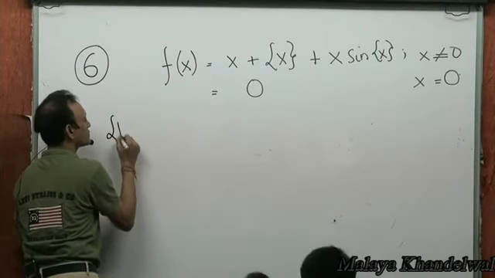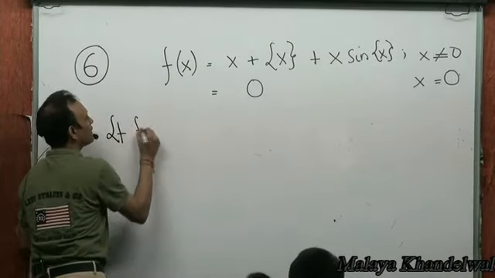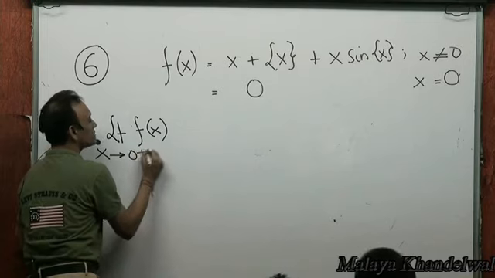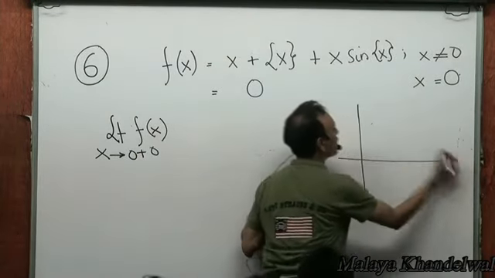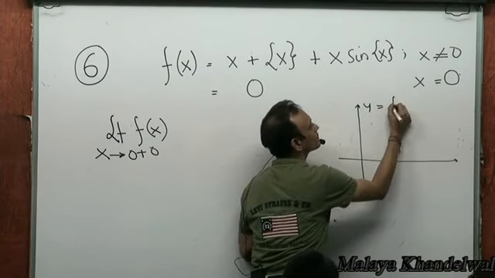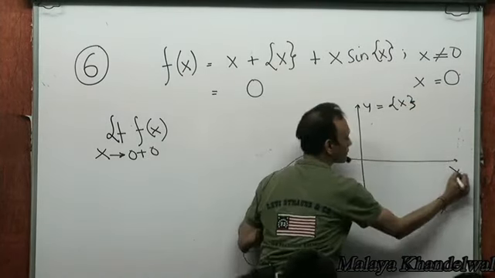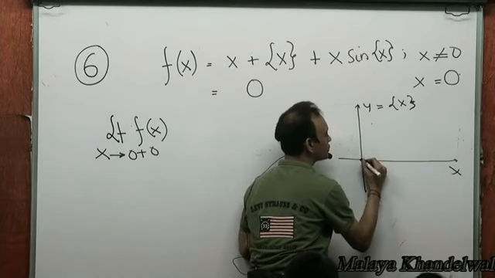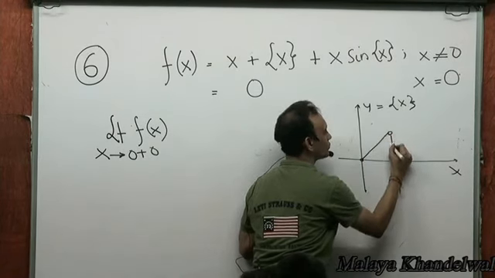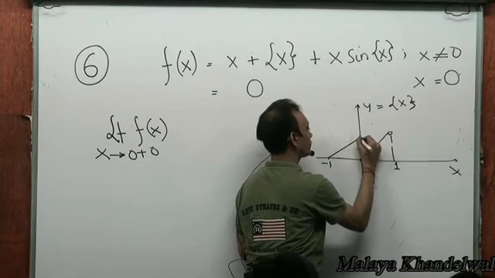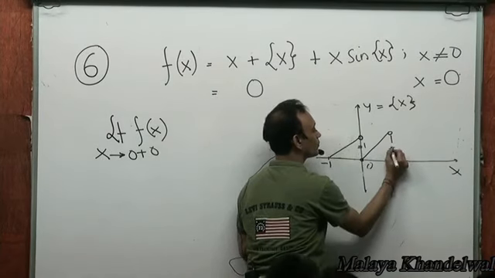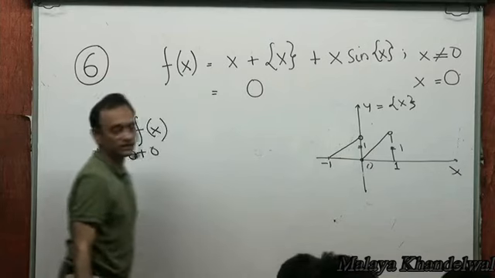Now, limit f(x), x tends to 0 from the greater than 0 side. See, fractional part of x, your attention please, has a graph like this. At x equal to 0, it's 0. This is the graph of fractional part of x.